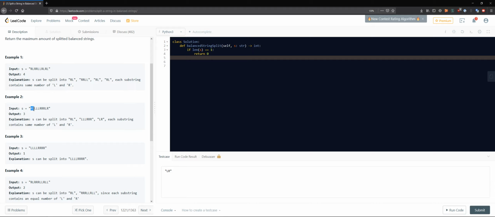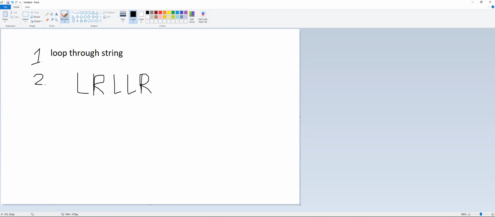So if we have this, and the next case would be, you look here, you find 2 L's, you find 1 R, and then it's another L, right? For example, we have something like this.